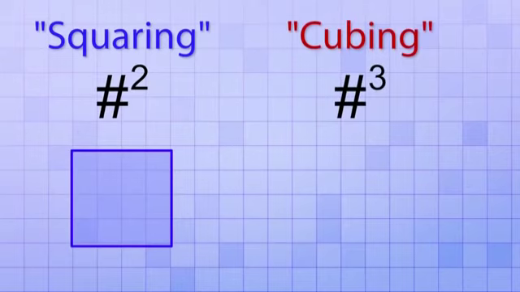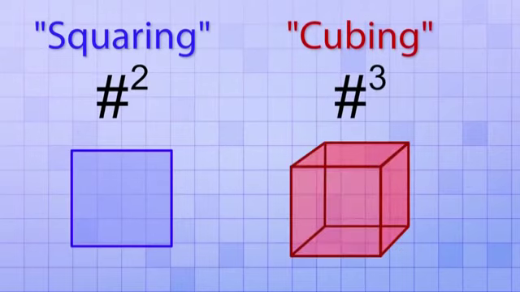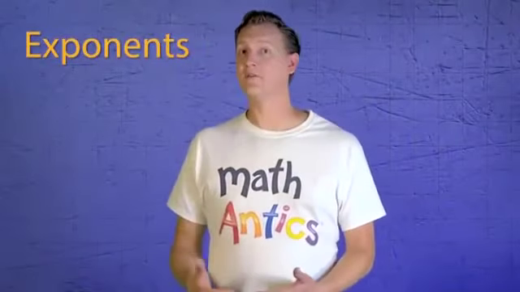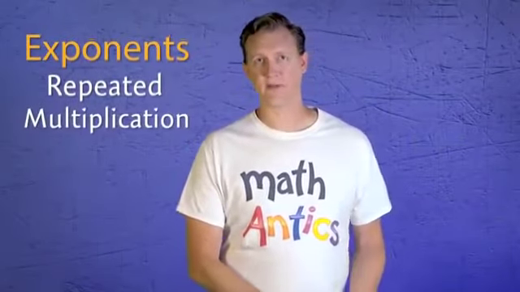So squaring a number gets its name from squares, and cubing a number gets its name from cubes. And that helps explain why the exponents 2 and 3 are really common in math. Because we interact with 2 and 3-dimensional objects all the time in the real world, there are lots of practical applications.